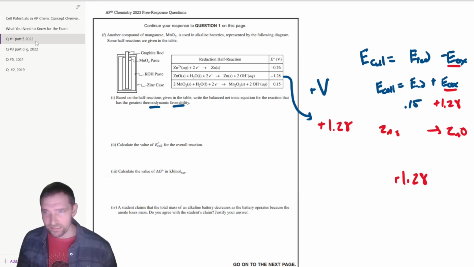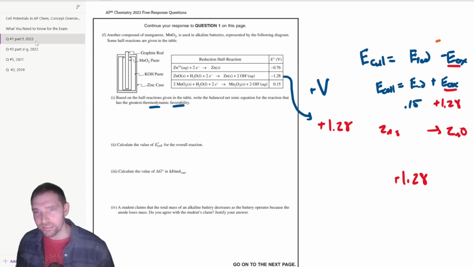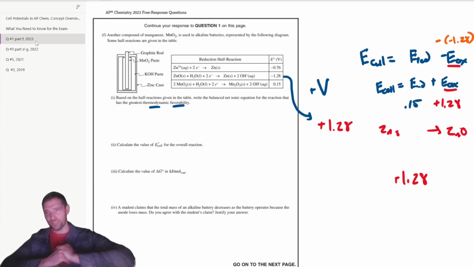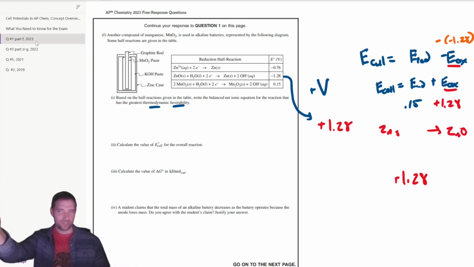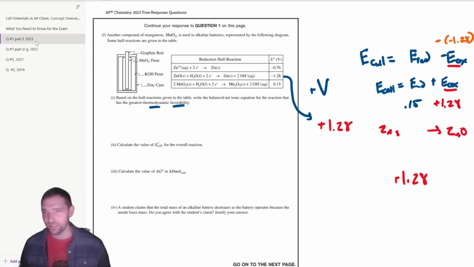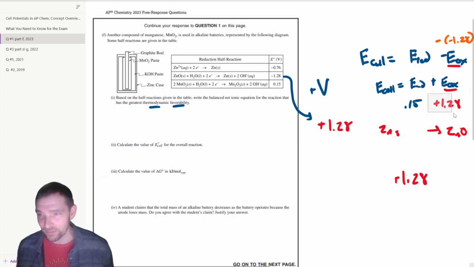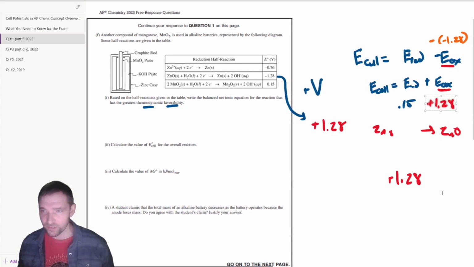Because this one is just given as is, you don't need to flip the sign. This is where they sometimes say that you're subtracting the minus 1.28, but I think that's a little bit weird because it really is the voltage potential of the opposite process. If something is not spontaneous going one way, it is spontaneous going the other way. So this is adding to the spontaneity if we're able to flip the directions.